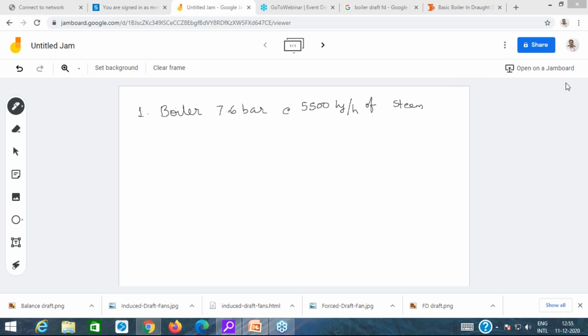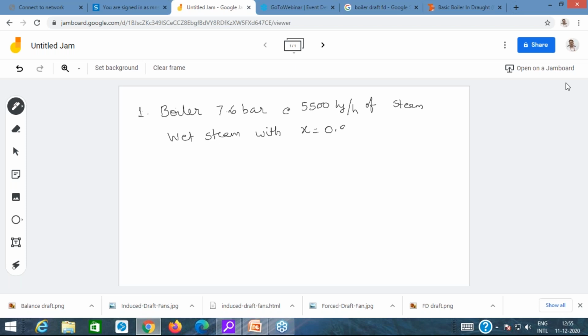So the question is, there is a boiler whose pressure is 7.6 bar and it is generating 5,500 kgs of steam every hour. The steam is a wet steam generated by the boiler whose dryness fraction is given as 0.98.